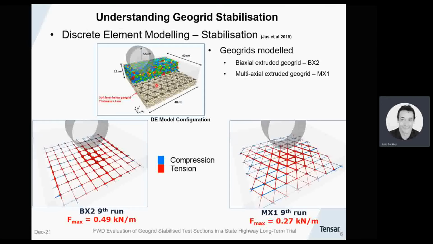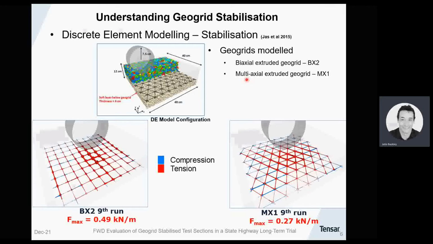So the model was sized appropriately for a reasonable amount of computing time for each trafficking scenario. There were 2 geogrid types modelled within this DEM setup: a biaxial geogrid, BX2, and a multi-axial geogrid, MX1, and both of these were of extruded manufacture.